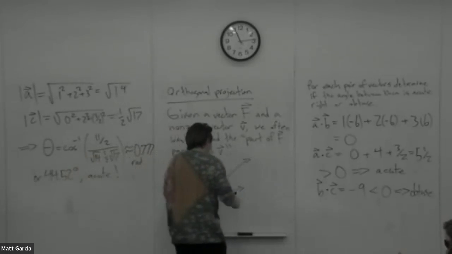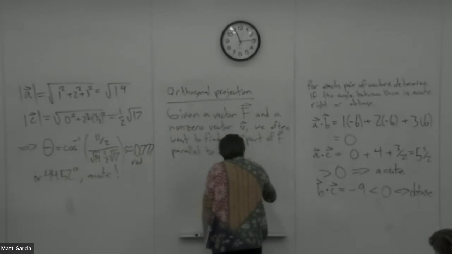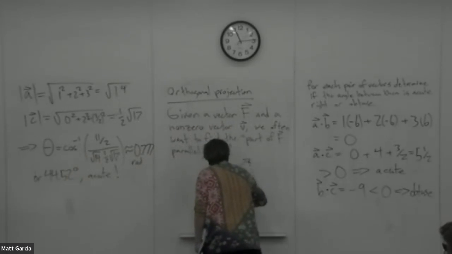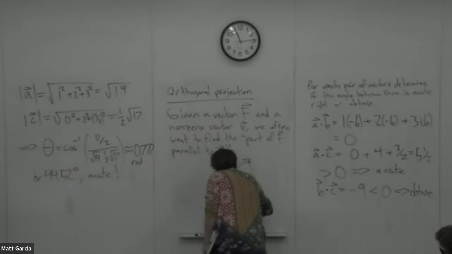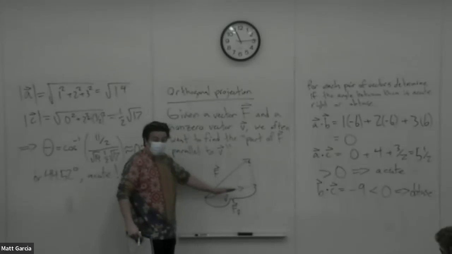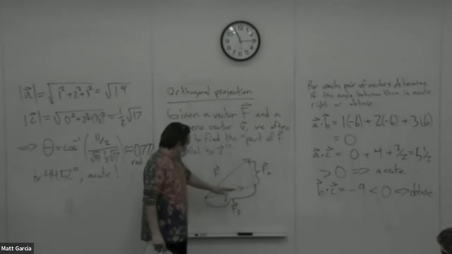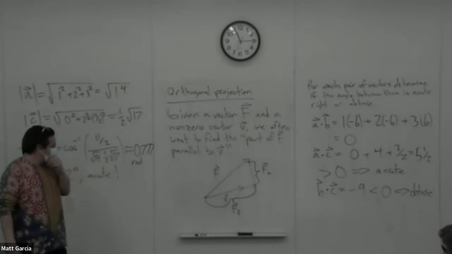What I would like to do is decompose the vector F as a sum of a vector F sub V, which is parallel to V, and F sub N, some vector which is orthogonal to V. Okay?